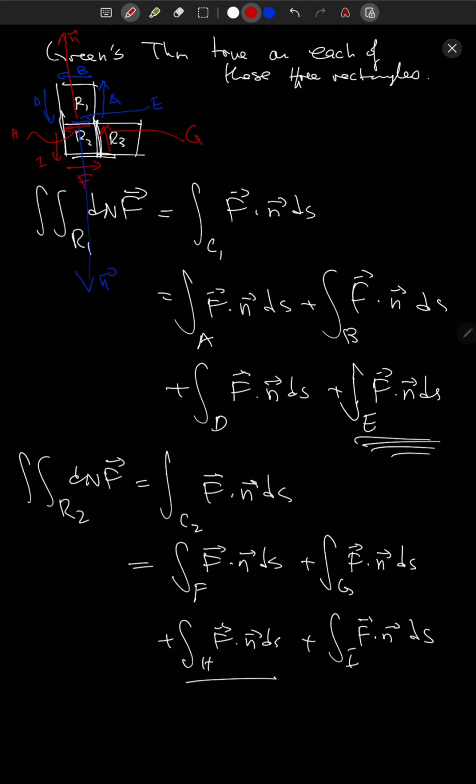If we think about F dot n ds as flux, as how much stuff is moving across the boundary, for E we're thinking about how much stuff is moving across from above to below, and for H how much stuff is moving from down here to up there. So they're actually opposite numbers. So if we add together these two integrals, these two guys are going to cancel.